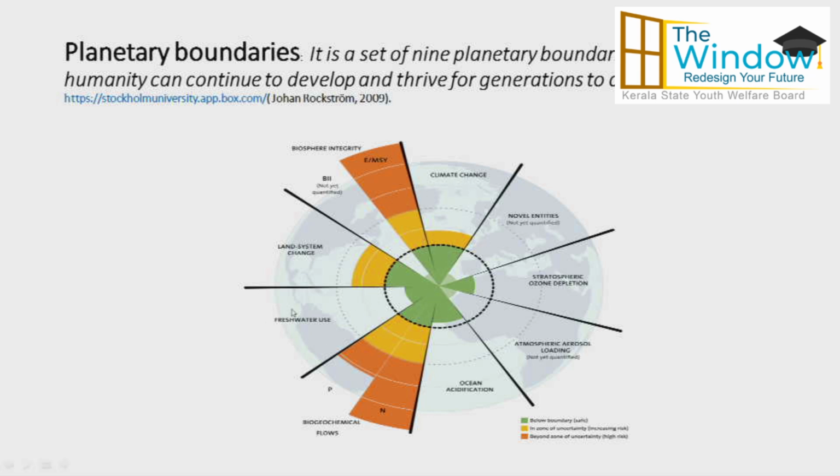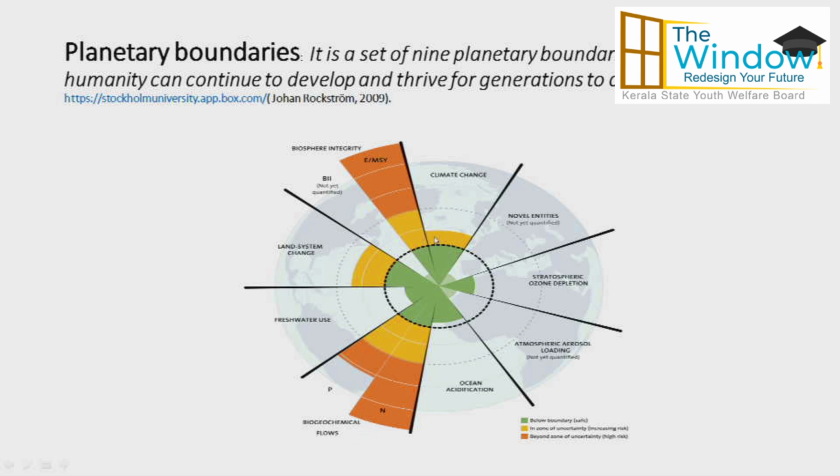In the green, we are safe in the case of freshwater use, stratospheric ozone depletion, atmospheric aerosol loading, and so on. But we have crossed the limit into the zone of uncertainty in the case of biosphere integrity and biogeochemical flows.